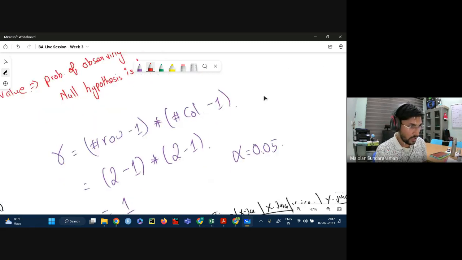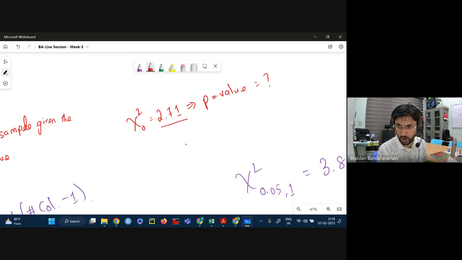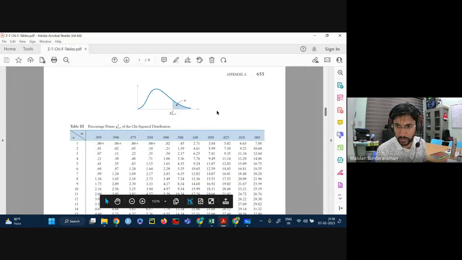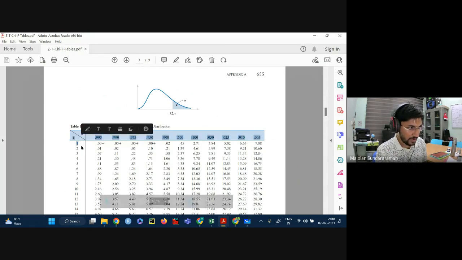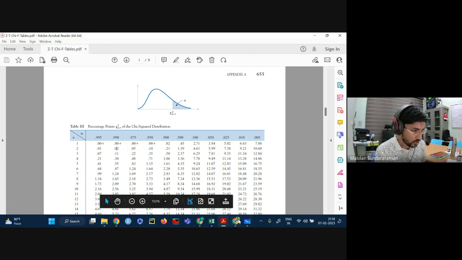Now that I have computed a chi-squared of 2.71, what p-value do I get? What is the p-value for this chi-squared? That again you get by going to this table, choosing a level, choosing the degrees of freedom. For our case, it is 1. And you try to see where it falls.